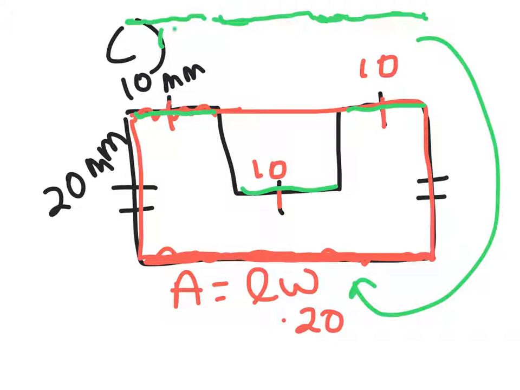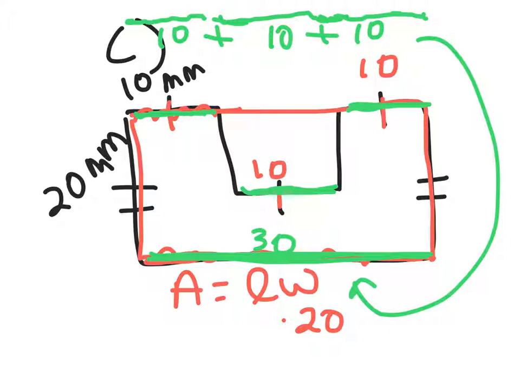So if I add this 10 plus this 10 plus this 10 all together, side by side, I get the length of this bottom piece, which would be 30. And that gives me the clue to the bottom of my rectangle.